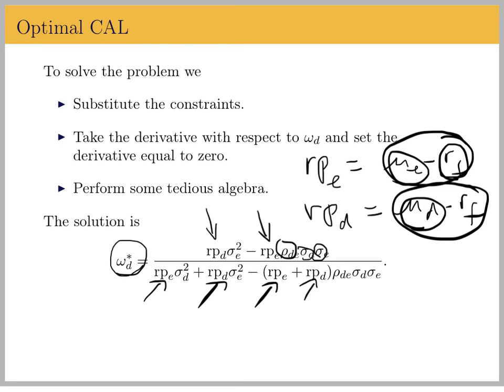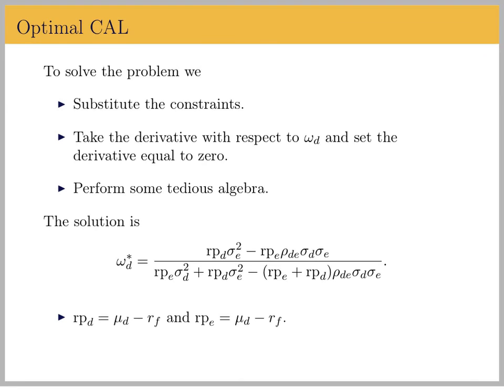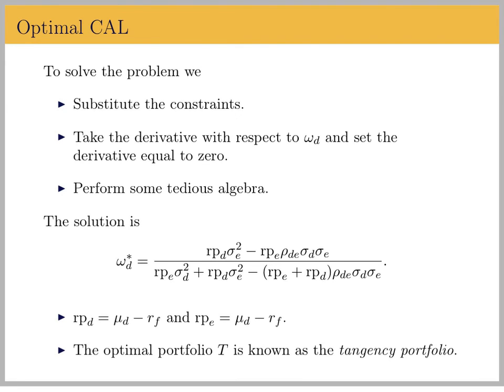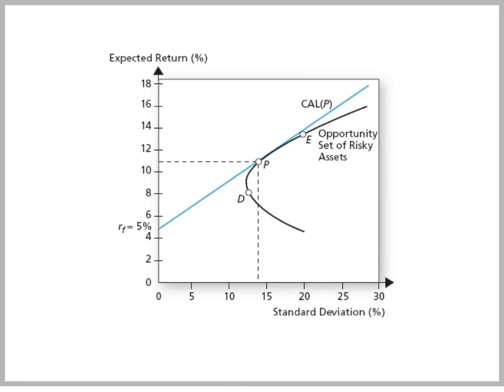If we know all those values, we can compute the optimal omega. Graphically, what is that going to look like? Actually, before I get ahead of myself, I should note that the optimal portfolio we're going to call the tangency portfolio, or denote it by T.